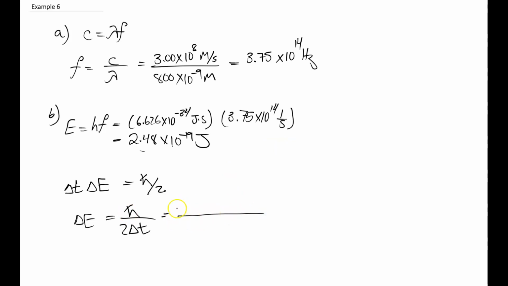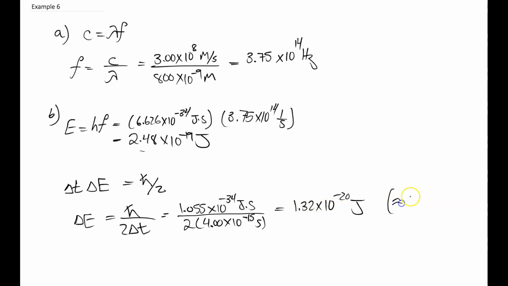So h bar, if we remember, is 1.055 times 10 to the negative 34 joules second over 2 times 4 times 10 to the negative 15th second, which gives us an uncertainty in energy of 1.32 times 10 to the negative 20 joule, and this is approximately 5.3% of the energy of the photon.